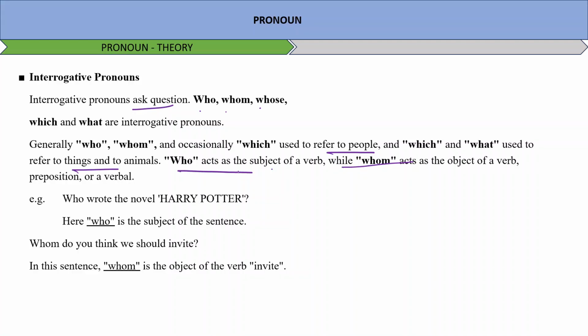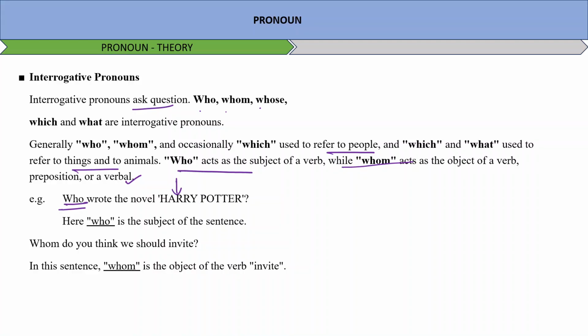Who wrote the novel Harry Potter? So you are basically asking about the writer of Harry Potter, right? Whoever is the answer will definitely be the subject. We are asking who is the subject of the sentence.